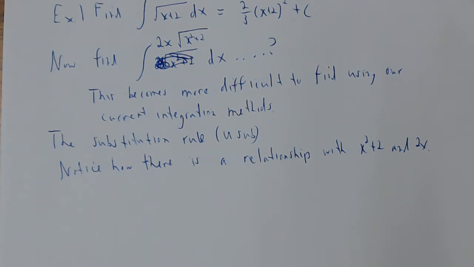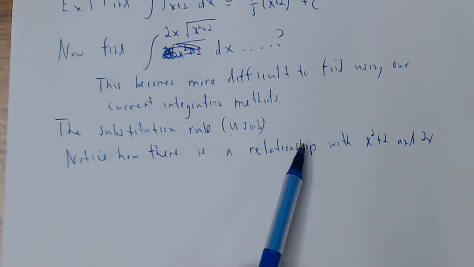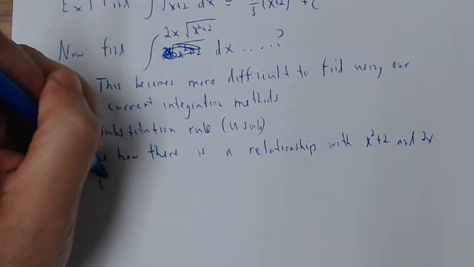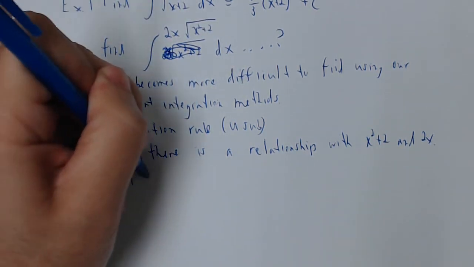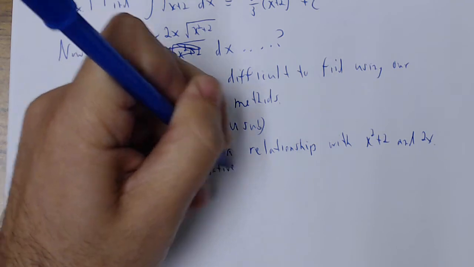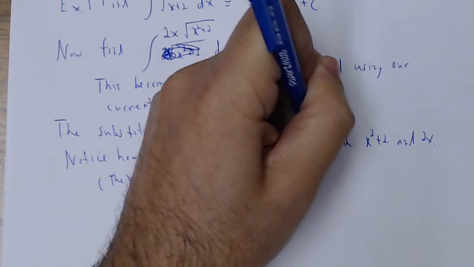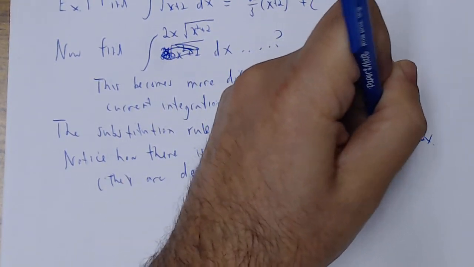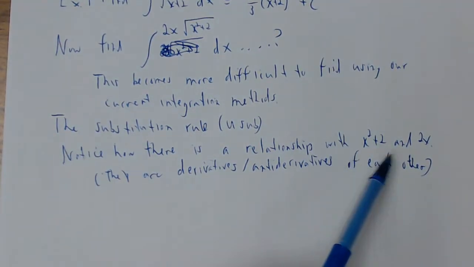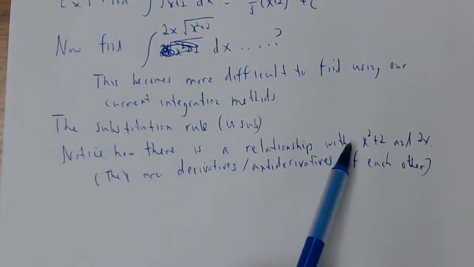And my question to you is, if you look at this, you would notice that the relationship between x squared plus 2 and 2x is that they are derivatives or antiderivatives of each other, right? The derivative of x squared plus 2 is 2x. The antiderivative of 2x is x squared plus c, but in this case, c is 2. So they have that relationship.